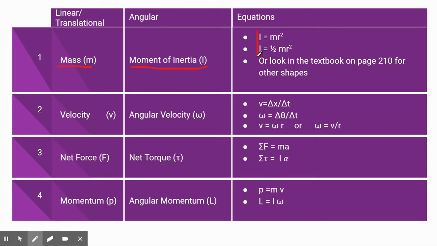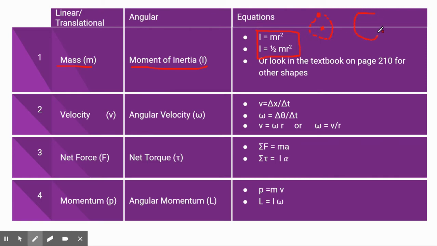And the two equations that you guys needed to know so far for moment of inertia are mr squared and 1/2 mr squared. So for mr squared, it was if you have an object going around in a circle, think like a planet going around the Earth or something like that, or a rock on a string that you're swinging around your head.